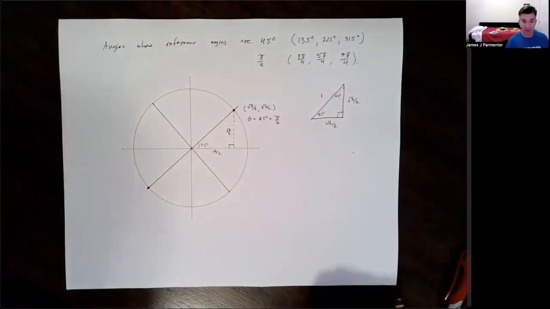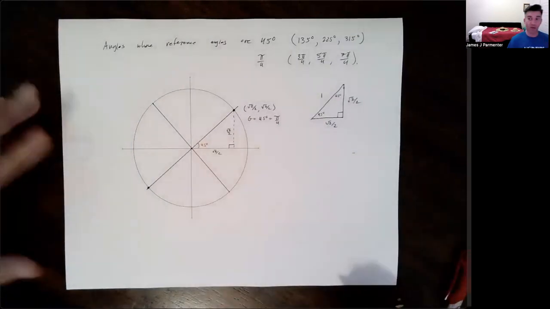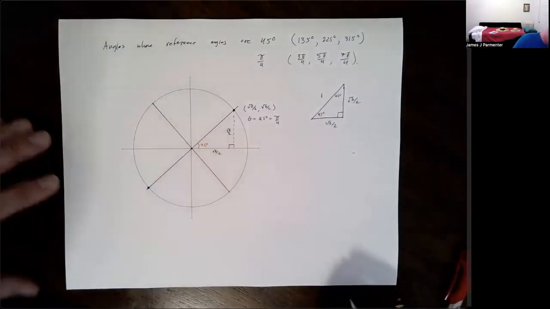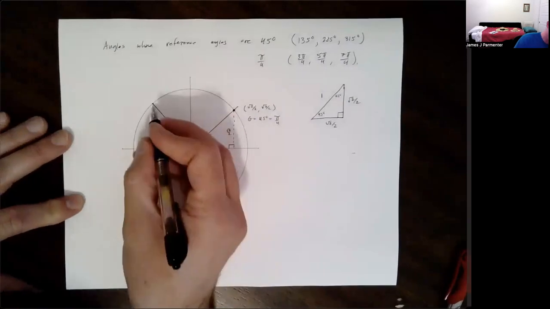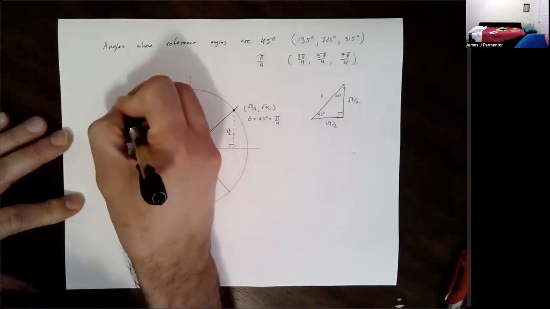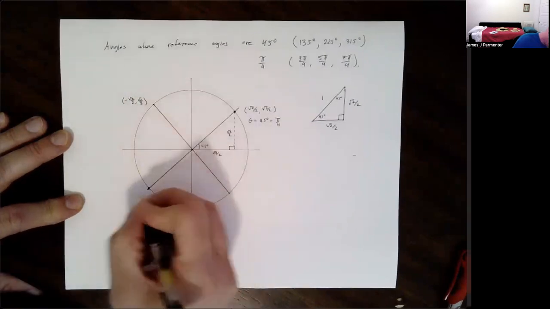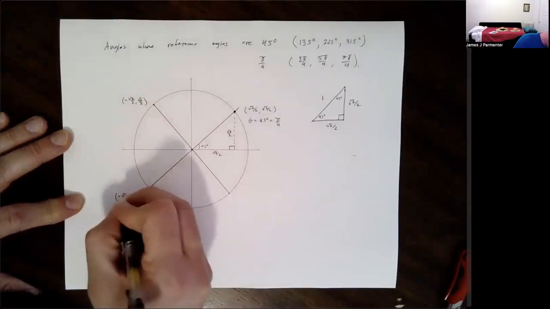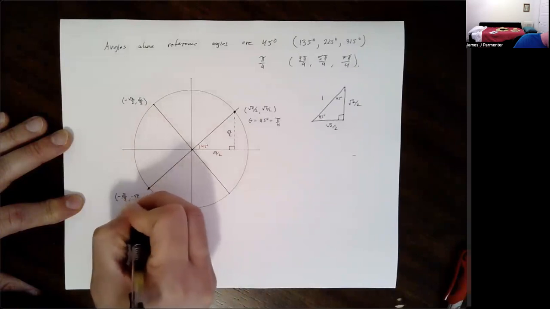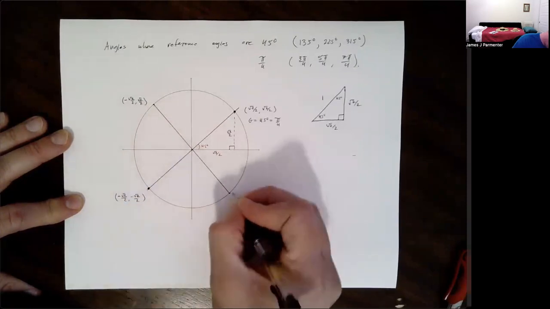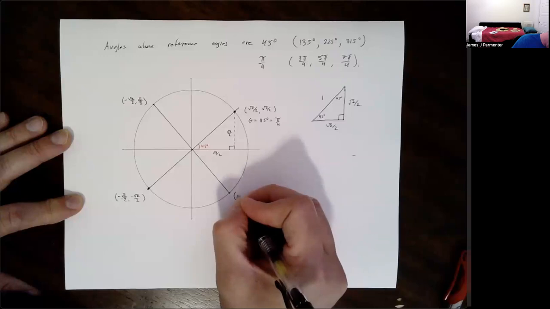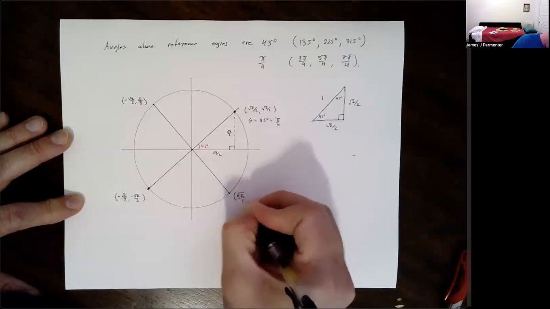Let's label the rest of the angles. In fact, let's label everything before we find any sines or cosines or tangents. So here, x coordinate's negative, so my coordinate here is negative root 2 over 2, comma root 2 over 2. Down here, both x and y are negative, so it's negative root 2 over 2, comma negative root 2 over 2. And finally, over here, x is positive root 2 over 2, y is negative.